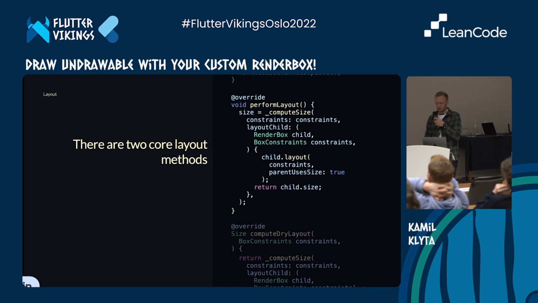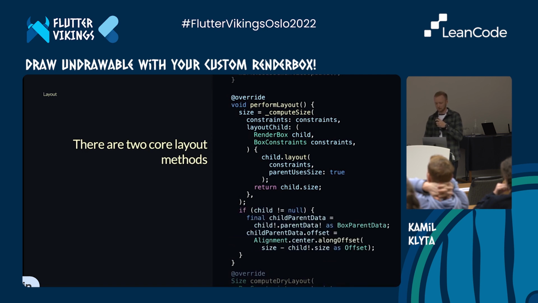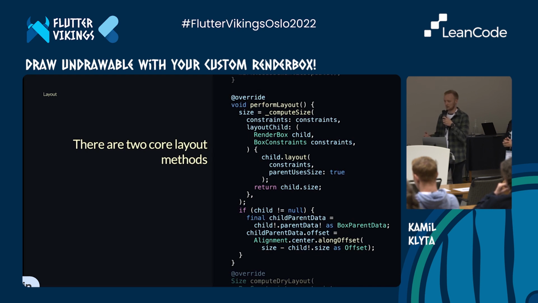These methods are really similar, but there is a difference in layouting. Also, any render box can have a child, or there is a chance that the child will not be present, so we should think of that. If the child is present, we read the parent data for the child, and we set the position for the child.